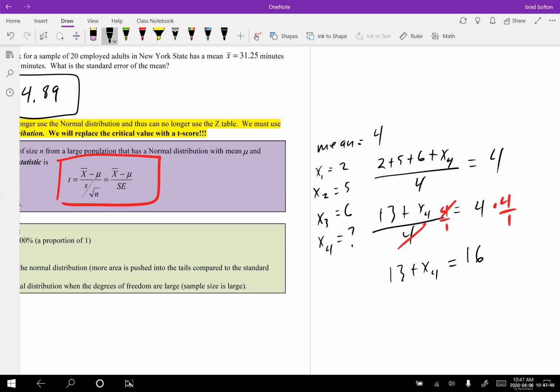So then we subtract 13, so then x4 equals 3. So here's the thing, the x1, x2, and x3 could have been anything. You can do anything, but to make the mean become 4, x4 had to be 3.